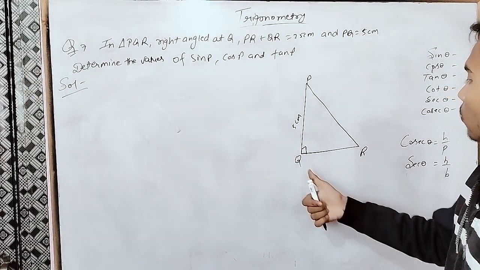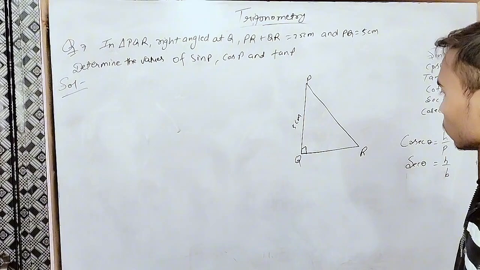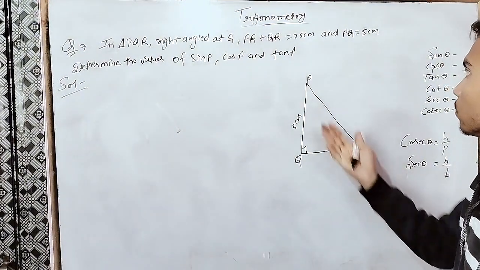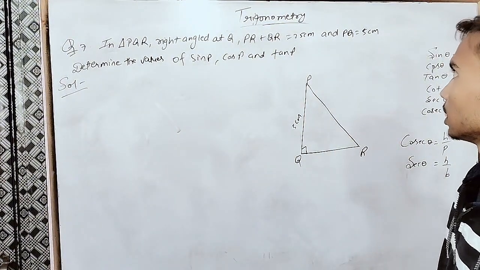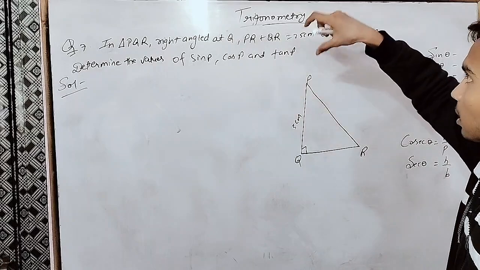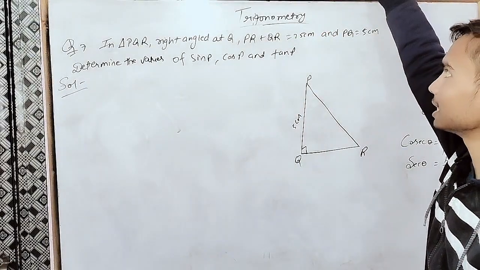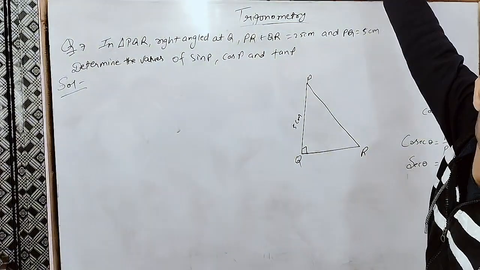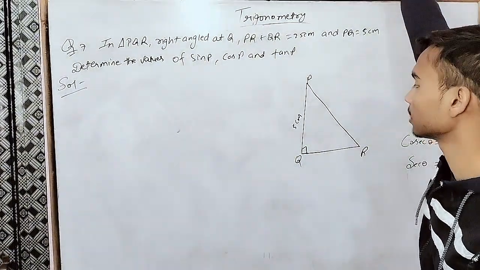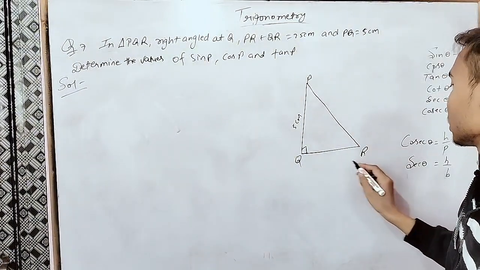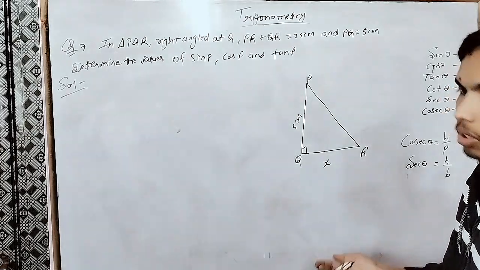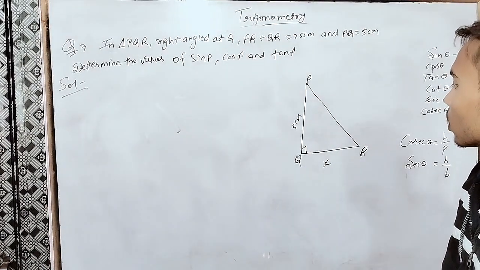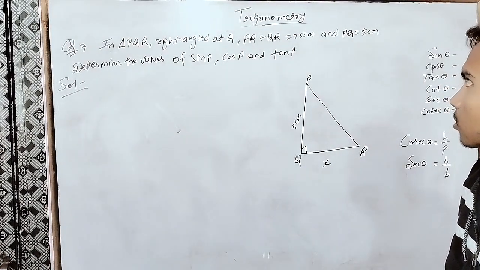We don't know the value of QR, and also we don't know the exact value of PR. It says PR plus QR is equal to 25 centimeter, but it does not give the exact value of PR. So let's suppose this value is X.